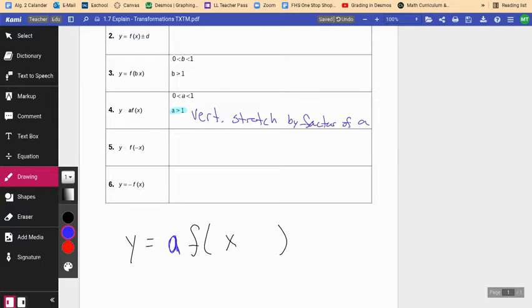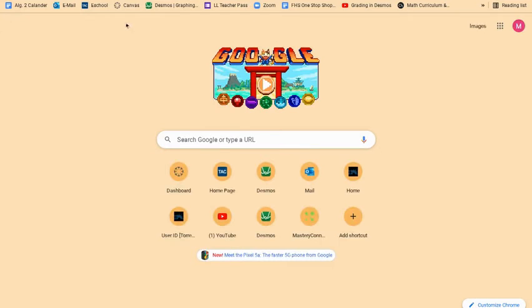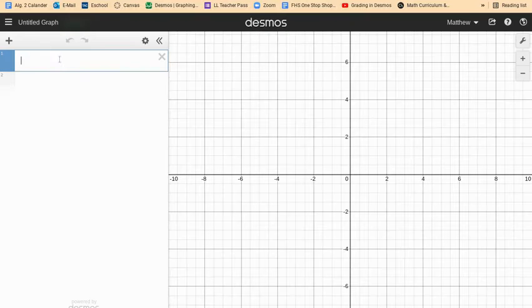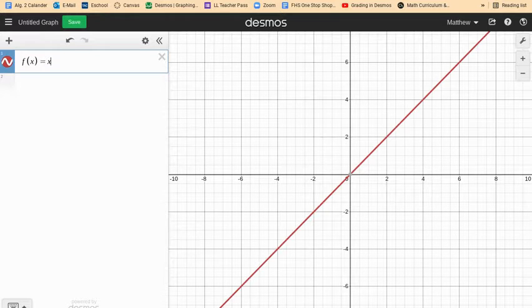For instance, if I went to Desmos, what might that look like? Let's say f of x is equal to x. I just defined a graph, so this is my f of x graph.